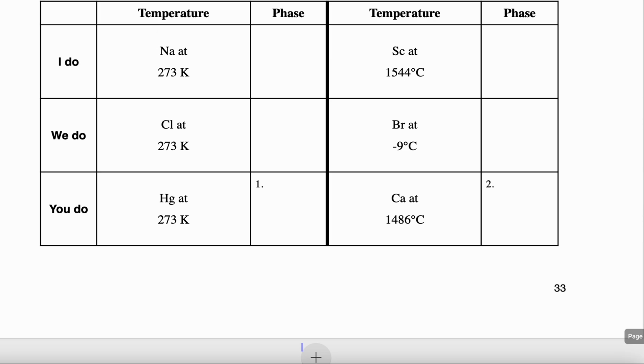So I would go find number 11 on Table S. I'll see Na, and I take a look at its melting point value. 273 is the temperature I'm holding the Na at, and 273 is a temperature less than Na's melting point. So the temperature I'm holding the sodium at is less than its melting point. So sodium, I would expect it to be a solid.